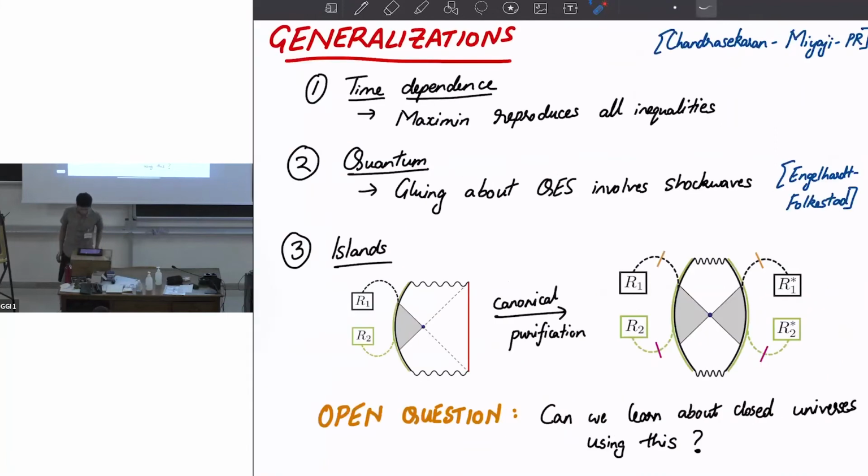All right. There are various generalizations to this. You can add in time dependence, you basically do maximin, and it pretty much works in the same way. It reproduces all of the inequalities. You can include quantum corrections, the only subtlety being that the cylinder geometry was generated by gluing together at extremal surfaces. When you do that, you satisfy the constraint equation, so that gives you reasonable initial data to generate a space-time.